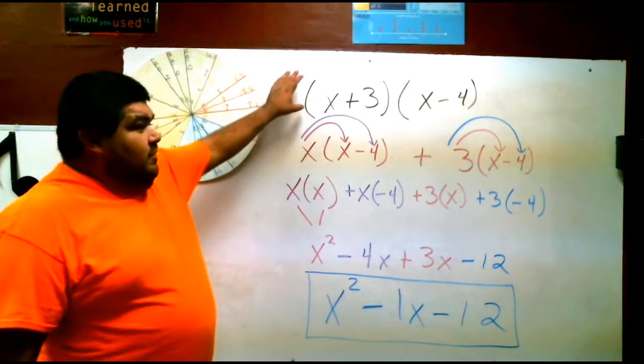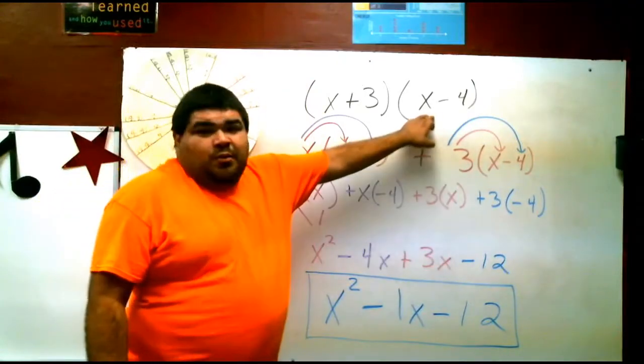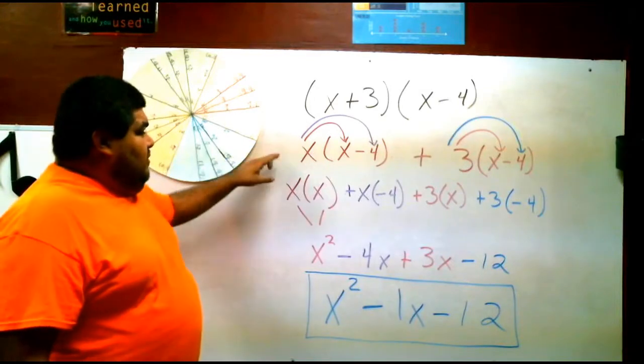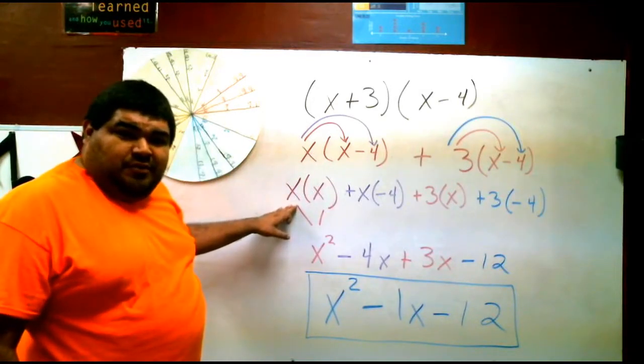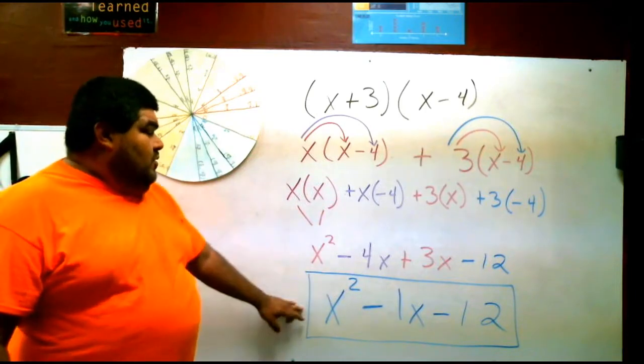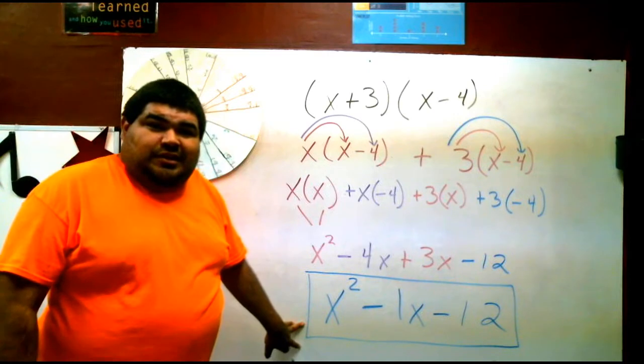Little recap: we broke down the first one into 2 terms. The second one stays the same. We distribute, breaking it down even further. We combined as much as we could. And then we arrived at our answer, which is a quadratic equation.